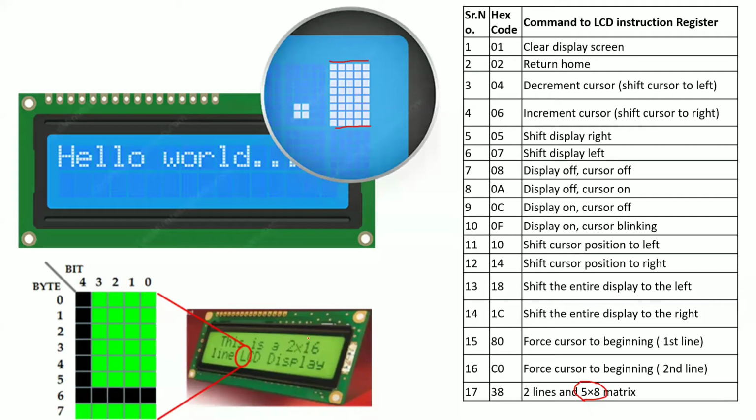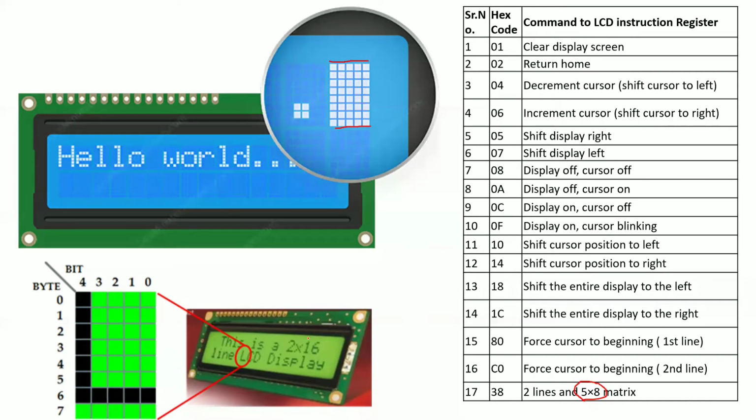Whenever you want to play with the display, that means not in the exam, when you are practicing with the LCD display, you can take the data sheet of the 16 by 2 LCD display and see what are the different commands to be followed. But from an exam point of view, you need not remember all the commands, you need not learn them by heart, just a few commands, like 4 to 5.